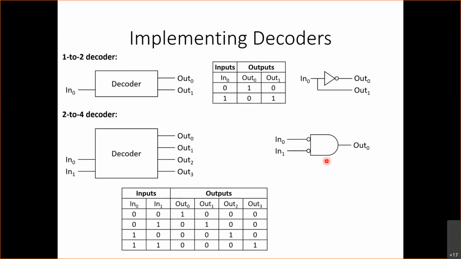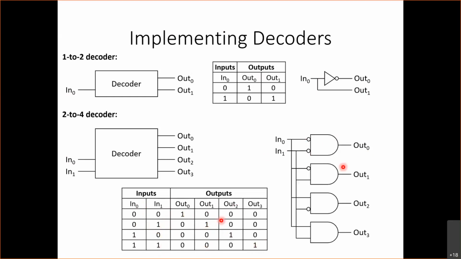So this AND gate over here with 2 inverted inputs is going to give us out 0. Okay, and similarly, since out 1 is 1 in this case and 0 in all the other cases, it's going to be not n1 and n0. Out 2 is going to be n1 and not n0, and out 3 is going to be n0 and n1.